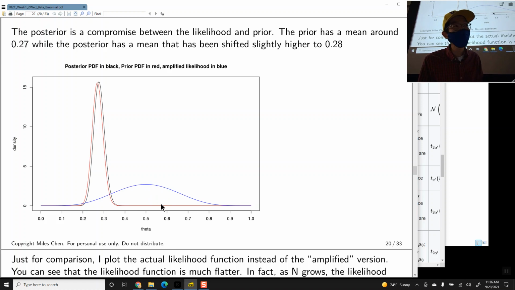They just stay 0. Whereas over here, we see a little bit of slope angling up, and basically that shrinks these values down a little bit here, and it amplifies these values over here. And so the product of the red curve and the blue curve results in the black curve, the black curve being the posterior.